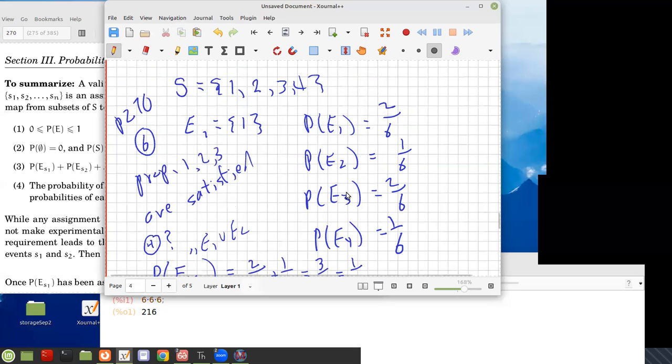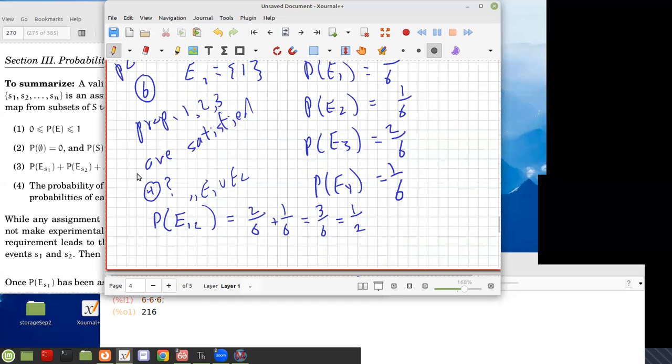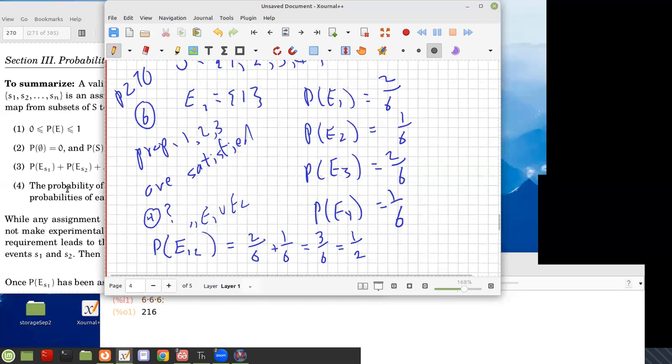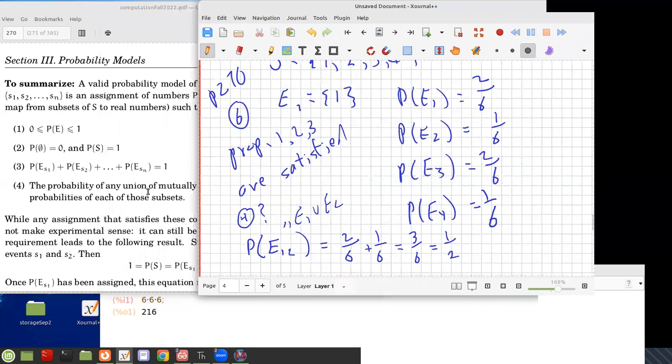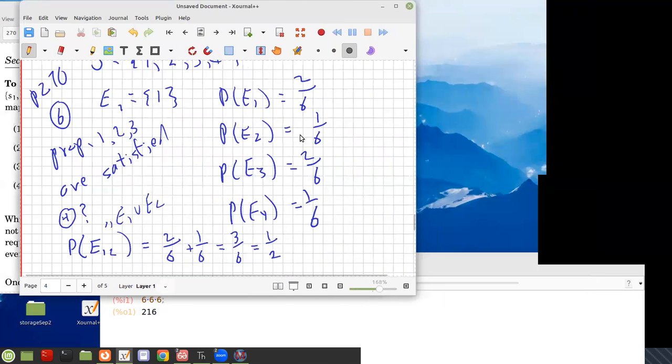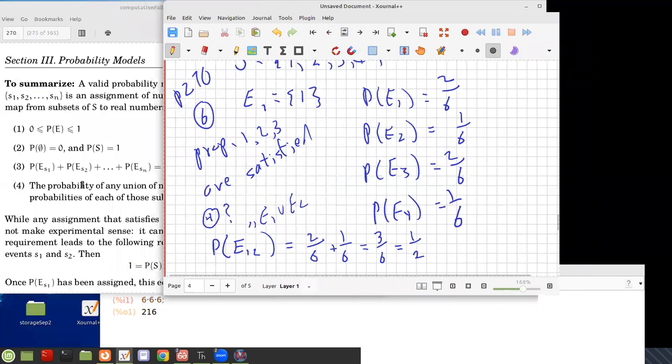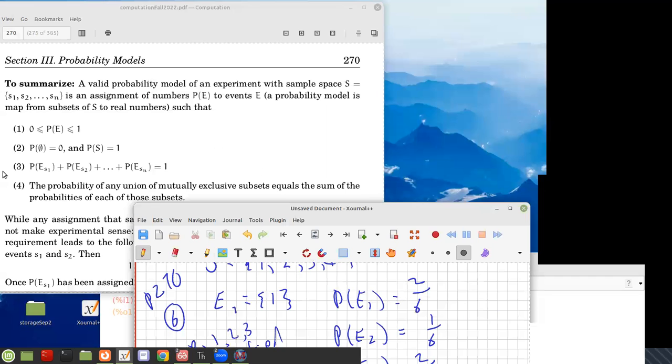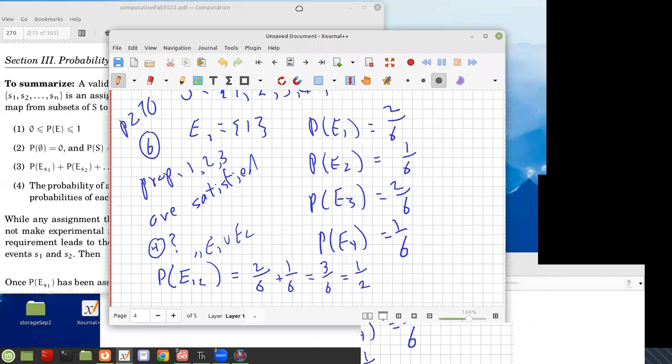So to get a consistent probability experiment, the point of this problem is that you just assign probabilities to all the simple events, then use property 4 to build up all the probabilities of the other ones by unioning up the events, because you can make any subset as a different union of simple events. So you automatically satisfy number 4 as long as you have satisfied the first 3.